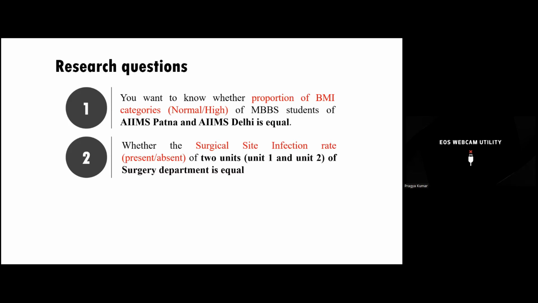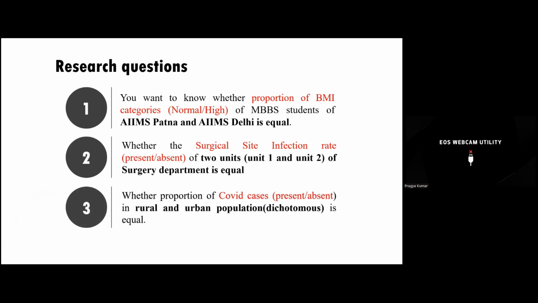Again, this is a binomial proportion because there will be surgical site infection and there will be absence of surgical site infection. And the third is whether the proportion of COVID cases in rural and urban populations is equal or not. So these are the research questions for which I will use a chi-square test of two proportion.